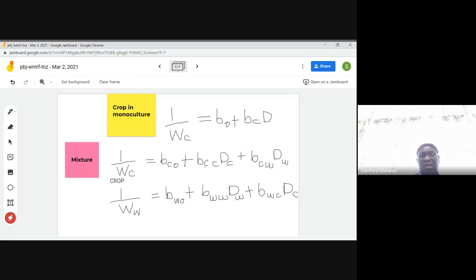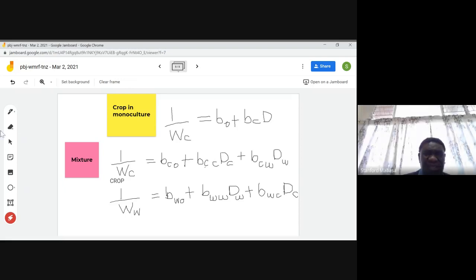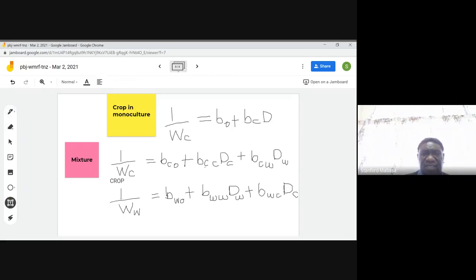Now, I want to highlight these small letters which we are using, what they represent in this equation. But probably I should write the name of the scientist who proposed these equations to describe what is happening in a mixture before I proceed. This was proposed by Peters in 1983.